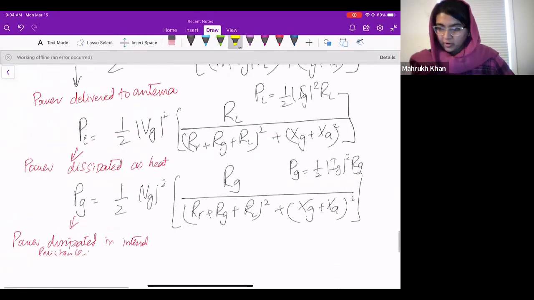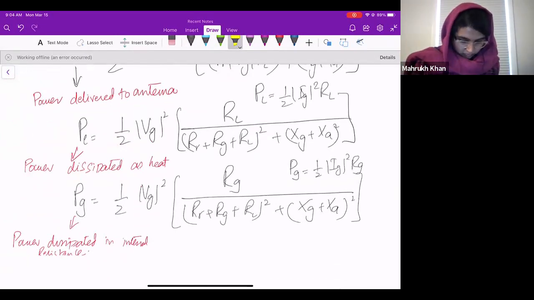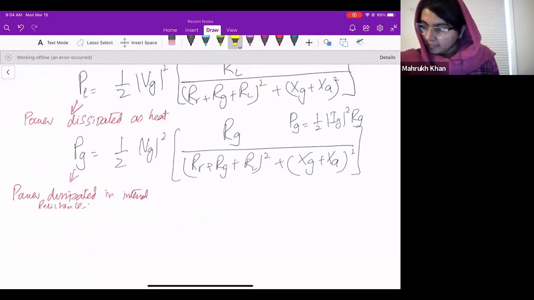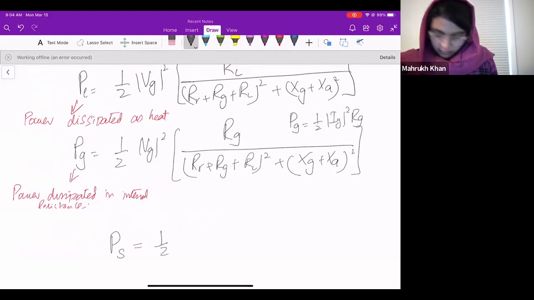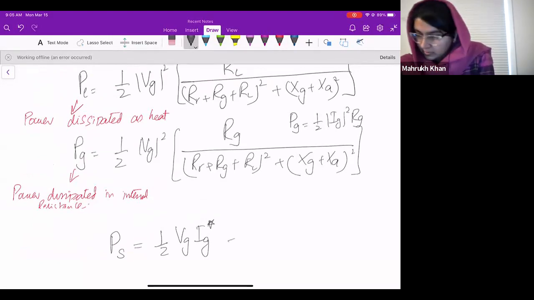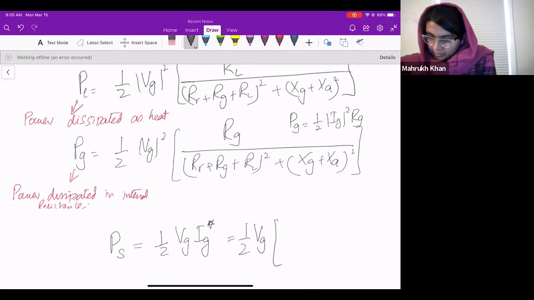So we are here. Okay, now these are the power delivered or power dissipation. But what is the power supplied? How do we calculate the power supplied? So power supplied is one over 2 VG IG conjugate.